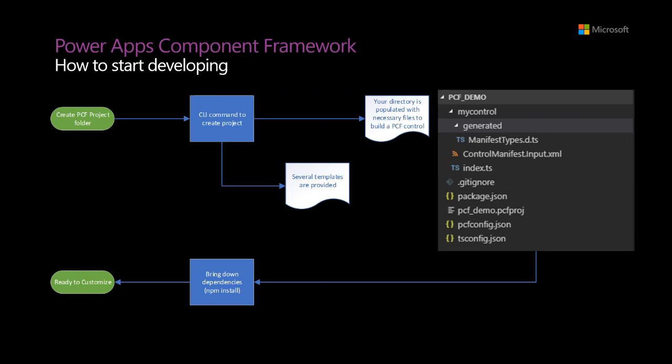That includes things like the control manifest and code to define the different lifecycle methods. And there's also different templates that are provided to get you started here as well. And after we define certain parts of the control, we bring down all those necessary dependencies that we've defined. And from there, we're really ready to start customizing our PCF control.